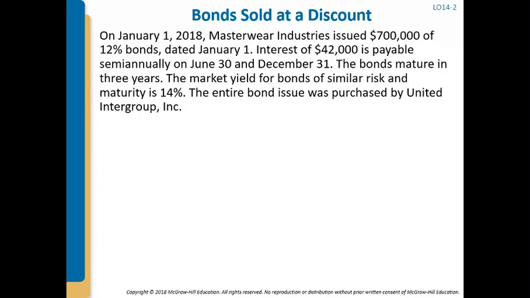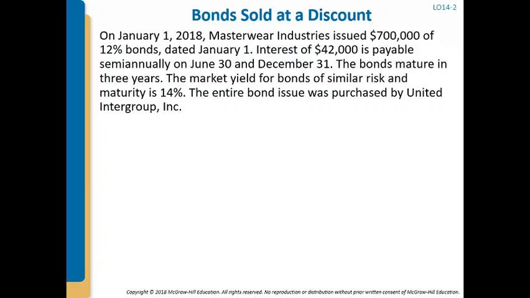All right, so here we have the same example, except here the market yield on bonds of similar risk and maturity at the time of the issuance of this bond by Masterware is 14%. Again, the stated rate of the bonds is 12%.